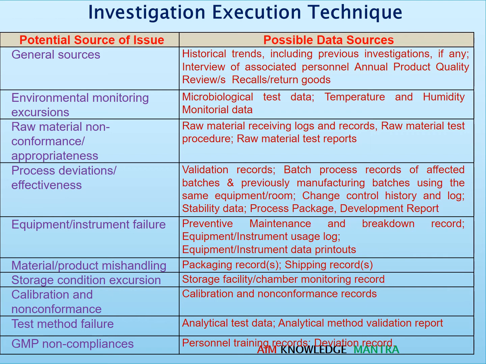Material, product mishandling: packaging records, shipping records. Storage condition excursion: storage facility, chamber monitoring record. Calibration and nonconformance: calibration and nonconformance records. Test method failure: analytical test data, analytical method validation report. GMP non-compliances: personnel training records, deviation record.